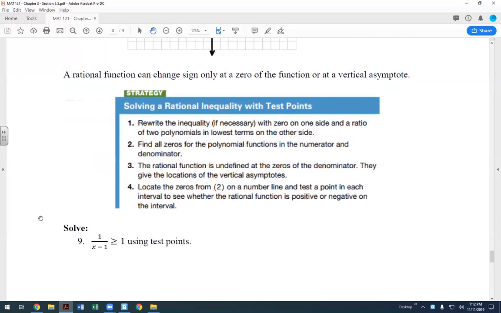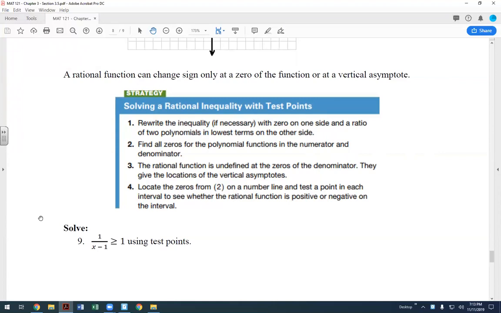Now with the test point method, again, like I said, it's going to be kind of similar to what we had done with the quadratic and the polynomial inequalities, but our treatment will be a little bit different here. Same thing, we want to make sure we get 0 on one side and our expression on the other side. And you'll notice we do have a 1 on the right-hand side instead of a 0. So that's the first step we start with, subtracting that 1.